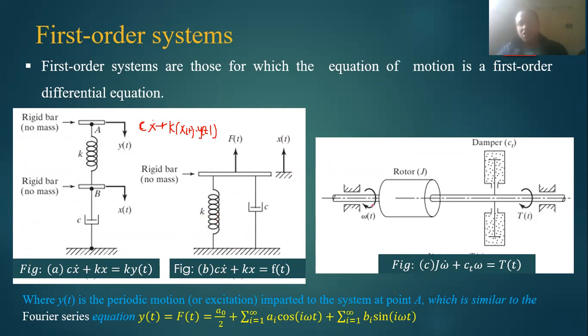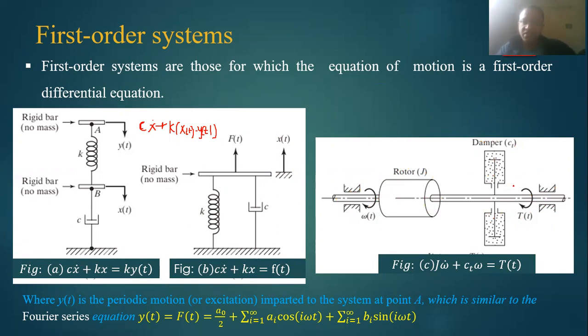Again, we have a torsional system here. There are some bearings, and the rotating shaft, and there is a rotating mass with the inertial property J. It is also supported with a dashpot or torsional damper, and also supported with a bearing. The applied torque is here.